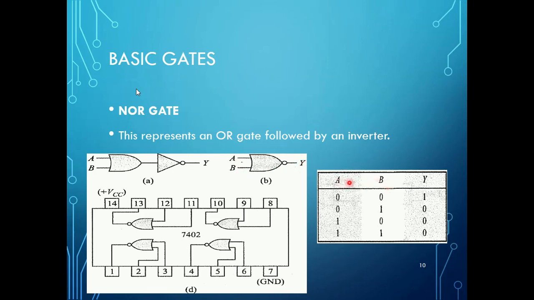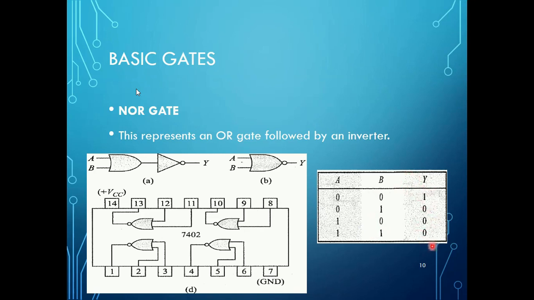If A is 0 and B is 0, the Y output will be 1. If A is 0 and B is 1, Y output will be 0. If A is 1 and B is 0, Y output will be 0. And if A is 1 and B is 1, Y output will be 0.